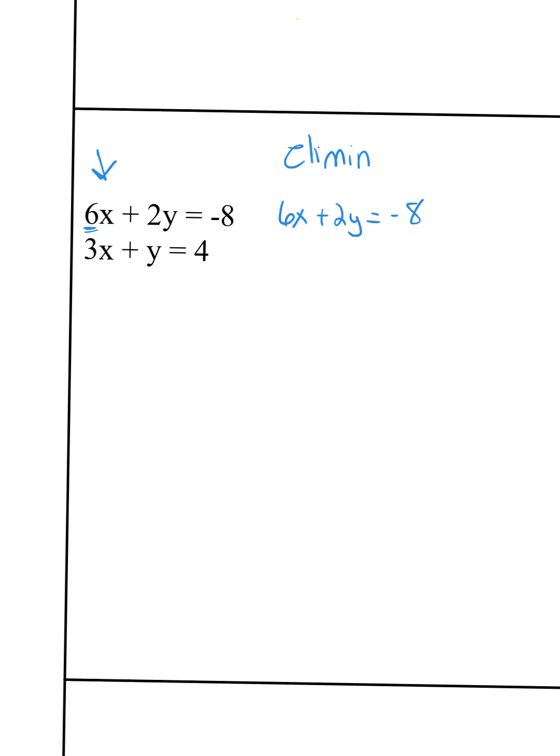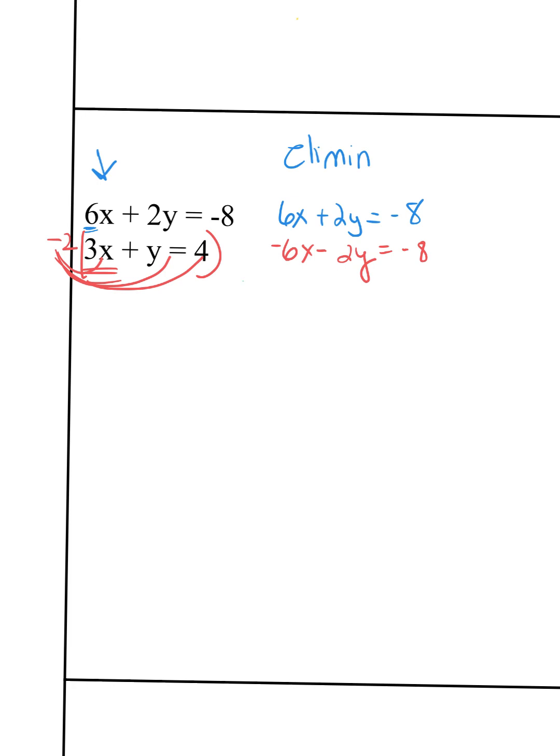But I want to be able to turn the other into a negative 6x. So I'm going to multiply by a negative 2. That would turn that into a negative 6x. I have to multiply everything by negative 2 though. That'll turn this into a negative 2y and this into a negative 8.